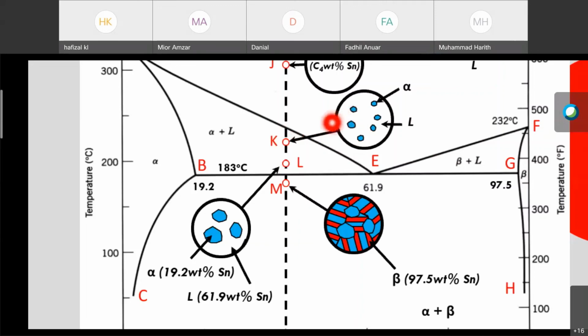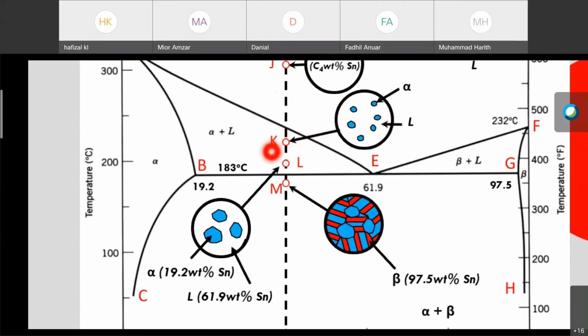Okay, so and then we have the L liquid ni dalam bentuk solution lah, liquid dia ada alpha ada beta dalam ni. Okay, liquid dalam bentuk liquid SN dengan liquid PB. Okay, alpha ni dah memang spesifik untuk solid lah, solid.